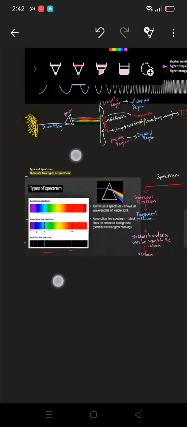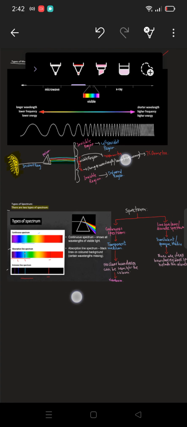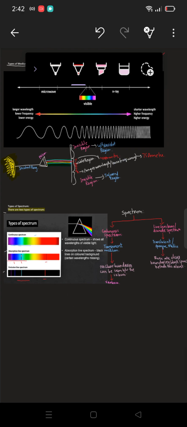So in the line, discontinuous or discrete spectrum, you're going to see the clear cut boundaries. However, in the continuous spectrum, you cannot see clear cut boundaries. So this was all for today. In the next video, we're going to discuss the types of discontinuous, discrete or line spectrum.